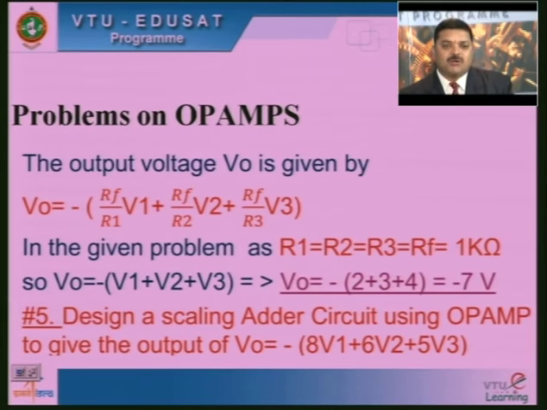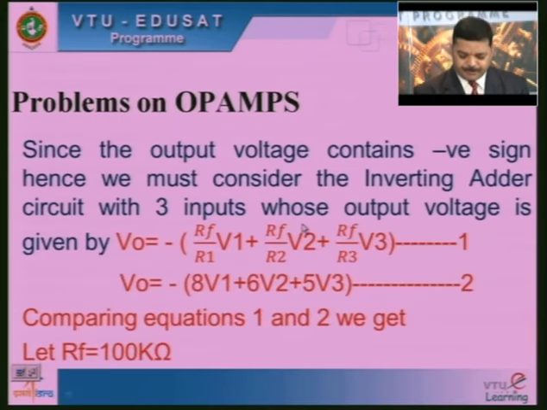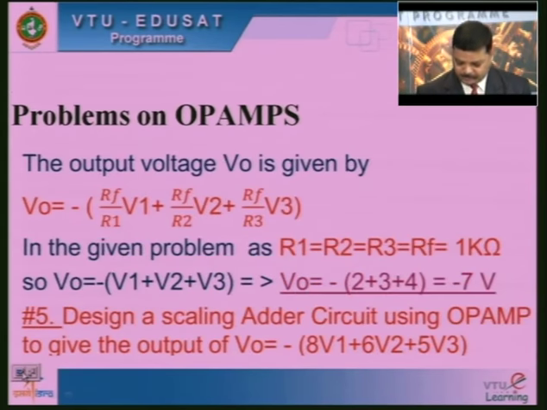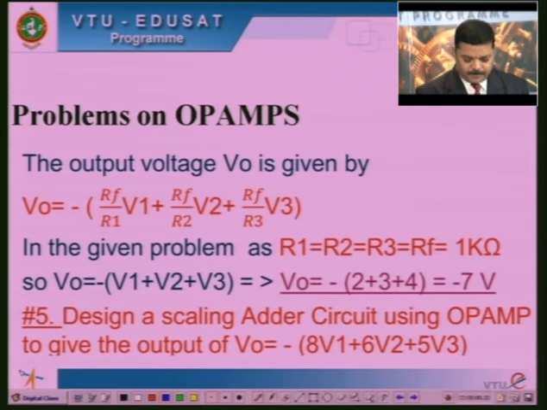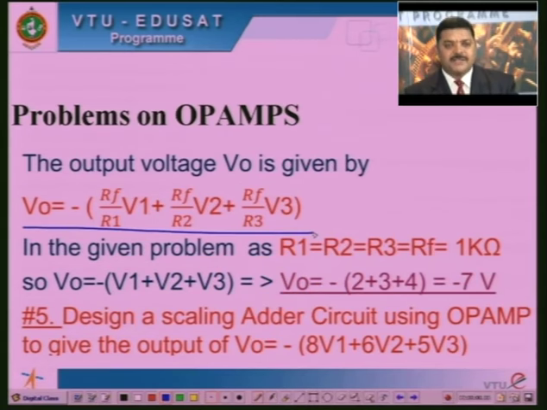The output voltage V naught is given by, as I told you, minus of Rf by R1 into V1 plus Rf by R2 into V2 plus Rf by R3 into V3. Here you can observe that in the given problem R1 is equal to R2 is equal to R3 is equal to Rf is equal to 1K.